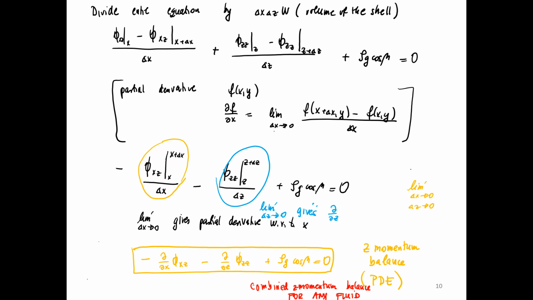I haven't described my phi yet, so there's nothing specific to the fluid. This is pretty much true for any fluid, any thin film going down the plane in that coordinate system that I described. Now let's actually write down what phi xz and phi zz are.